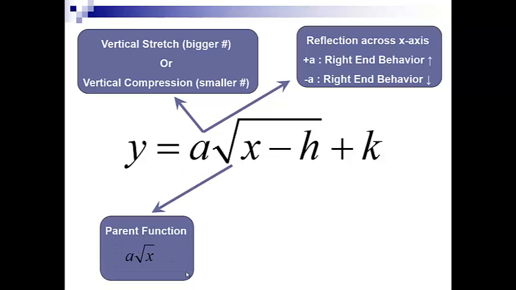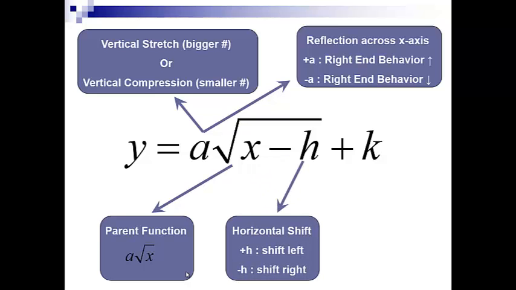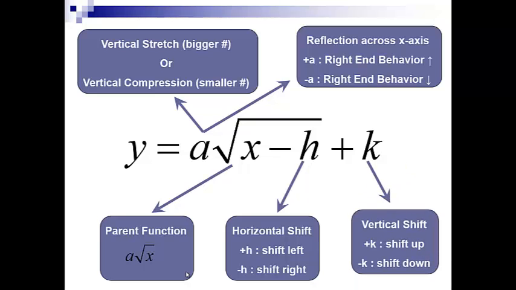Your parent function is always going to be whatever the A value is times the square root of x. Your h is going to shift it horizontally, left and right. Positive is going to be left, negative is going to be right. Remember, this is the opposite one, just like in other graphs. And k is going to shift it up or down.